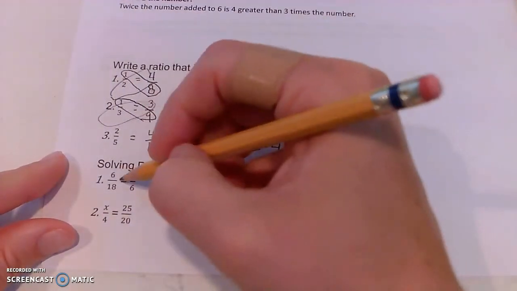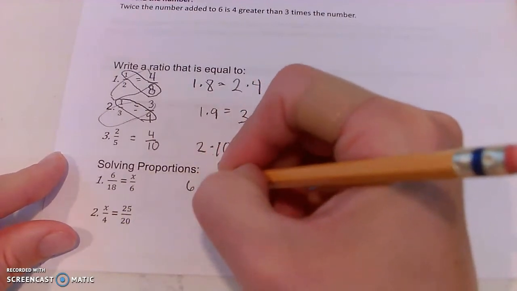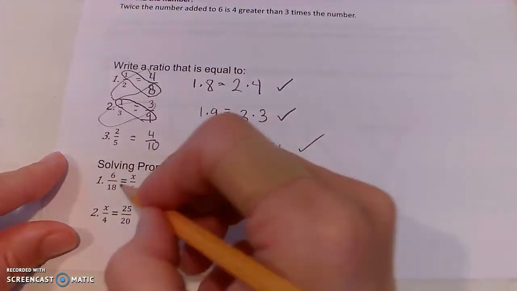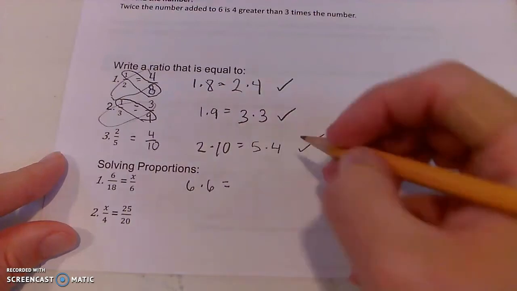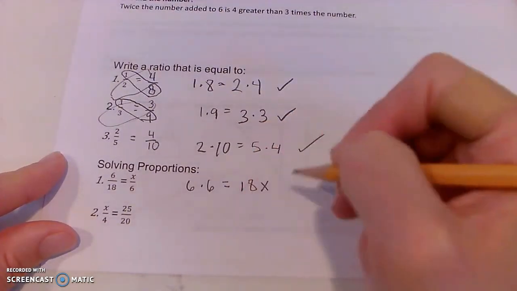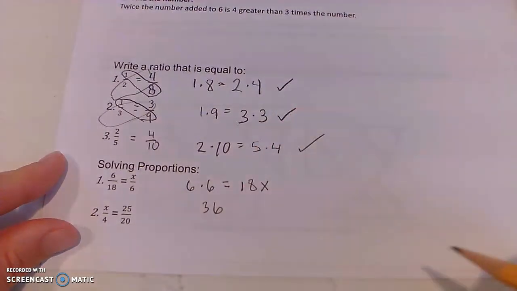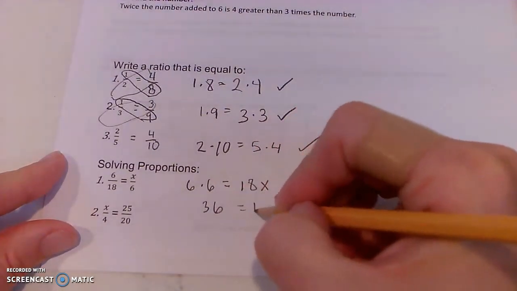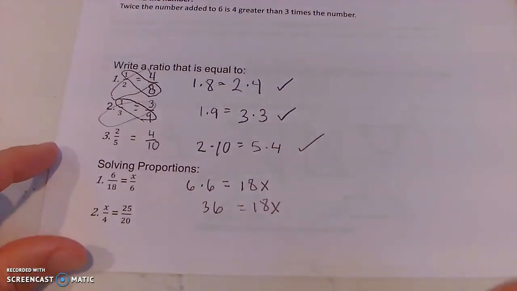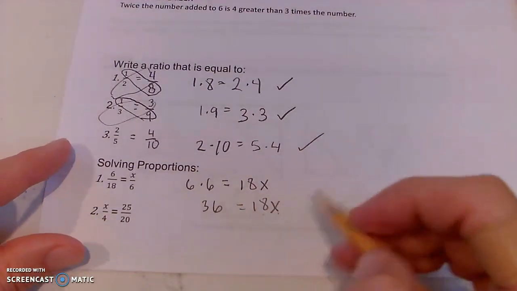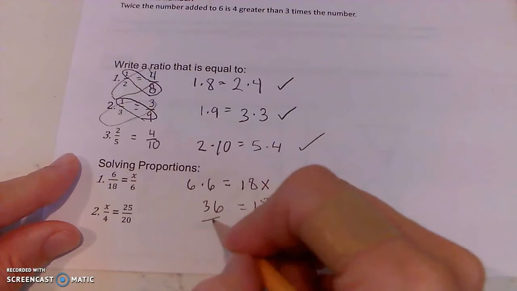Because of that rule, I can do 6 times 6 is equal to 18 times x. See what I did there? All right, so if I was solving that, 6 times 6 is 36. Now I can figure out what x is. 36 equals 18x. Undo multiplication by dividing by 18. Divide by 18, divide by 18.